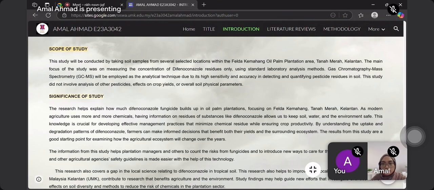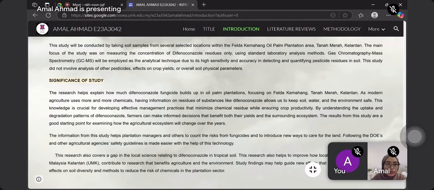Gas chromatography mass spectrometry, GCMS, will be employed as the analytical technique due to its high sensitivity and accuracy in detecting and quantifying pesticide residue in soil. This study did not involve analysis of the pesticide effect on crop yields or overall soil physical parameters.